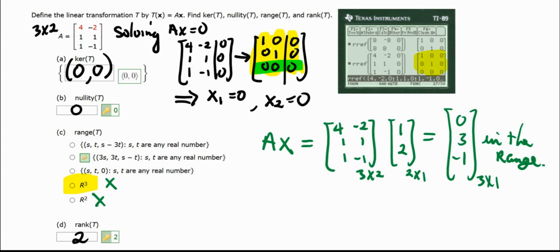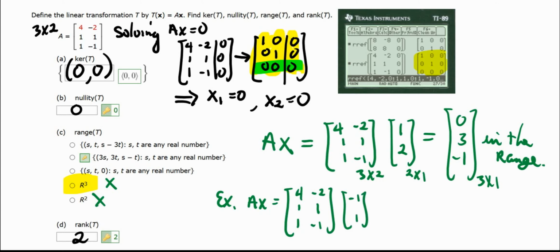Let's try another one. Try negative 1 and 1. So we get negative 4 minus 2, negative 6. Here we get negative 1 plus 1, 0. We get negative 1 minus 1, negative 2.